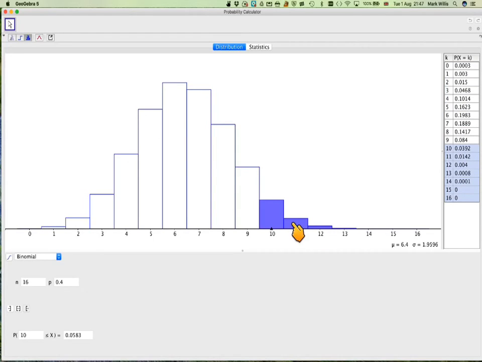Say the answer was 10. Then to find that, we would need to do 1 minus the one just before 10, which will give us the answer.